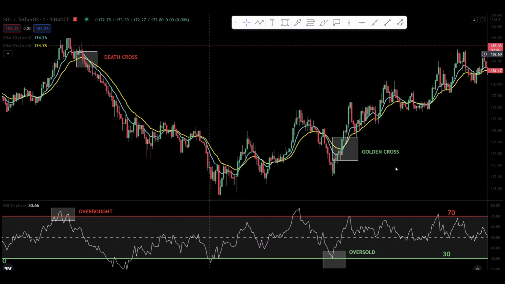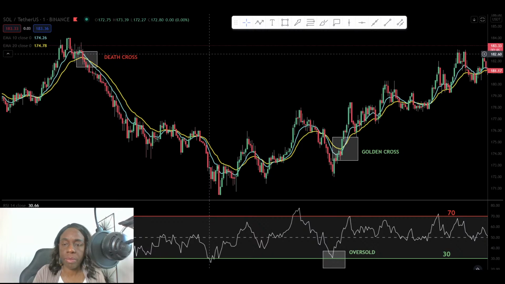Now, if we move a bit to the right side of this screen, we see here price action.